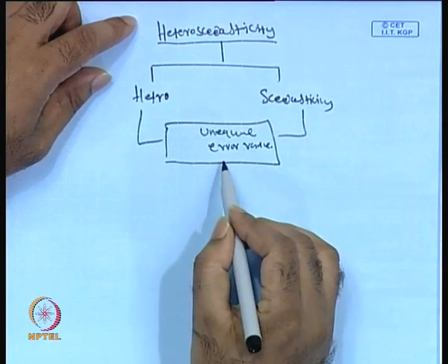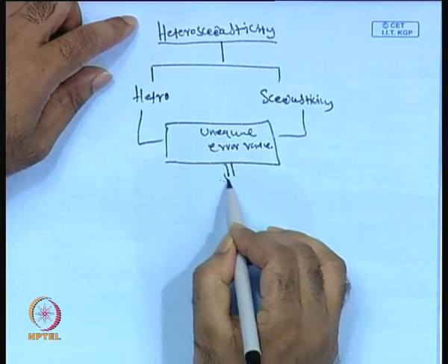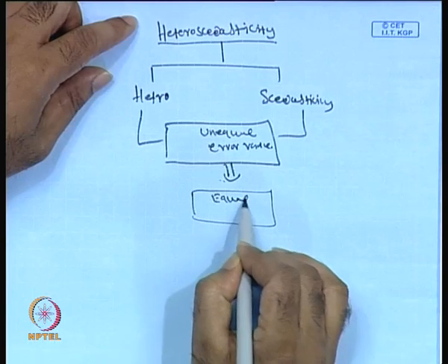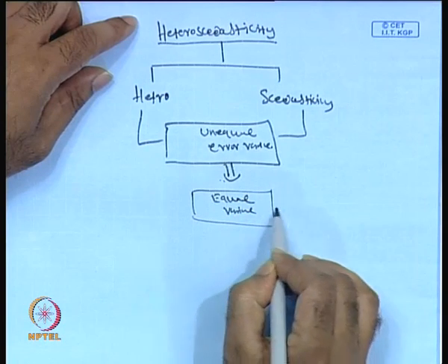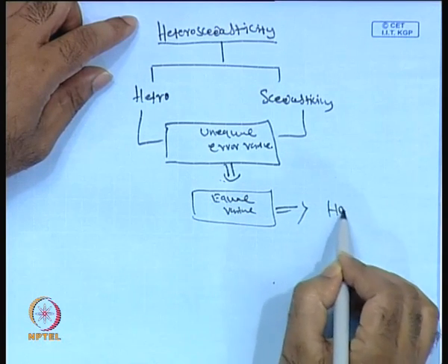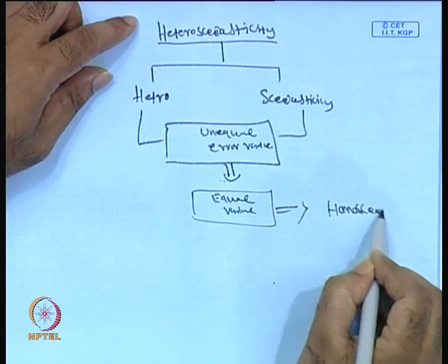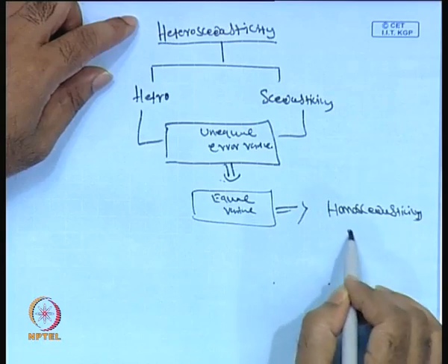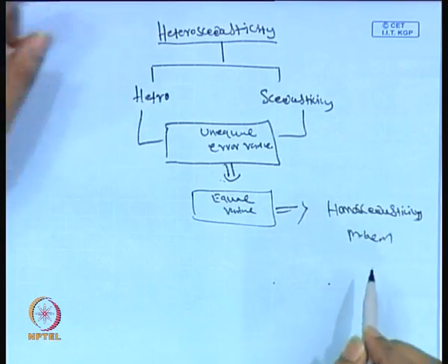Okay. So, if it turns to equal variance, then that will lead to the homoscedasticity issue. Homoscedasticity problem. Okay. So, that means we start by fitting a model first.